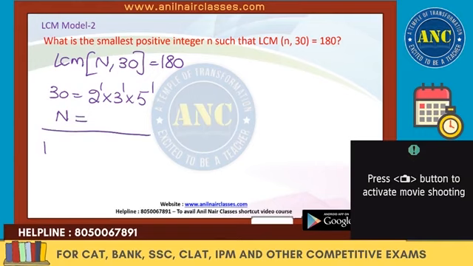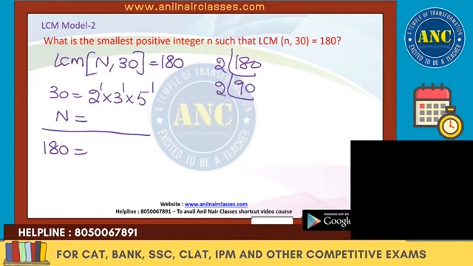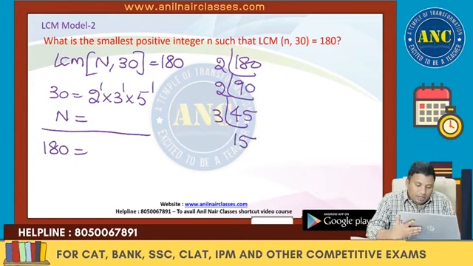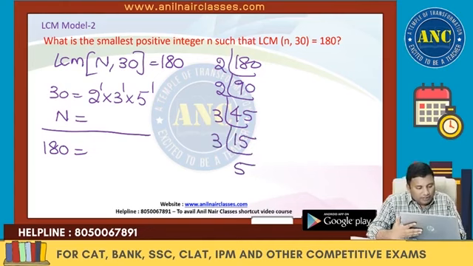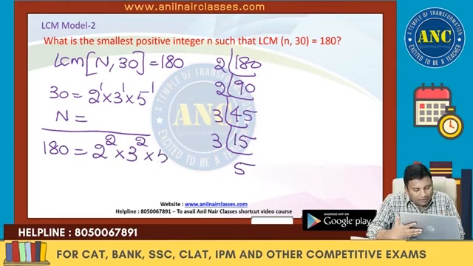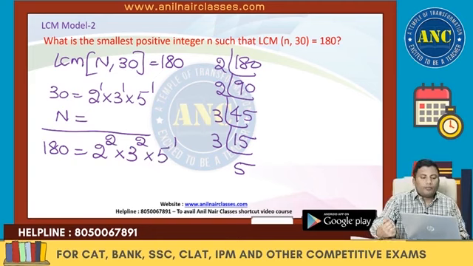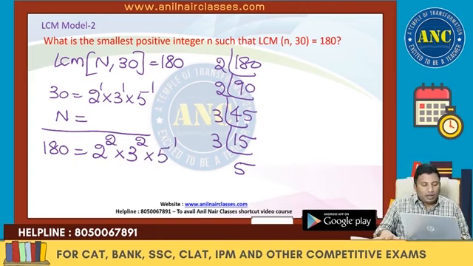180, write it down: 2 90s are, 2 45s are, 3 15s are, 3 5s are. So this is 2 square into 3 square into 5 power 1.